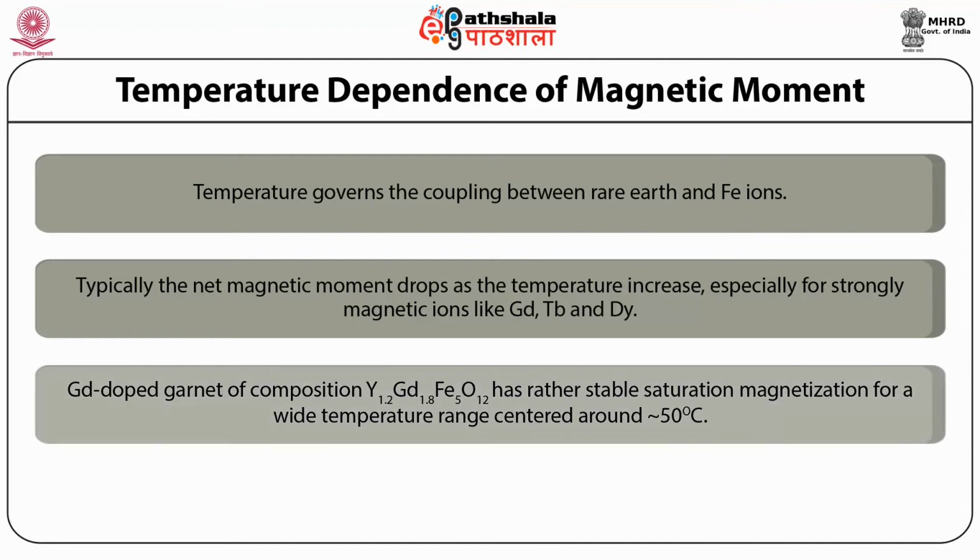So the Gd-doped garnet of composition Y1.2Gd1.8Fe5O12 has a rather stable saturation magnetization over a wide temperature range centered around 50 degrees Celsius.